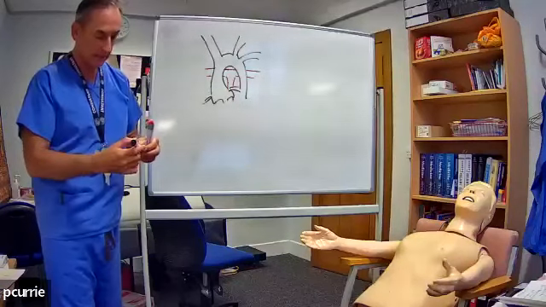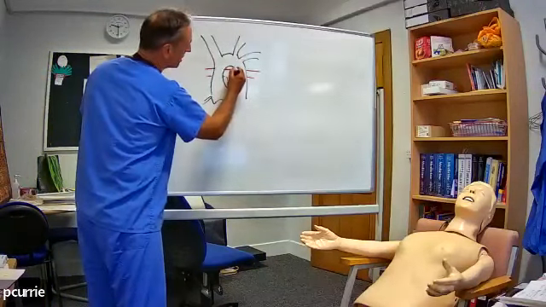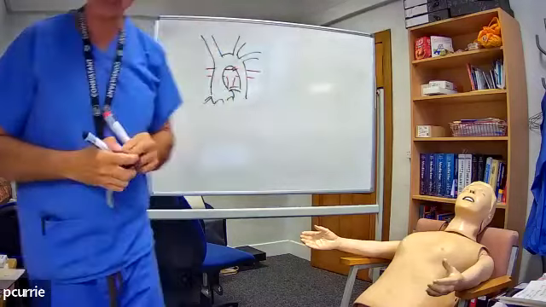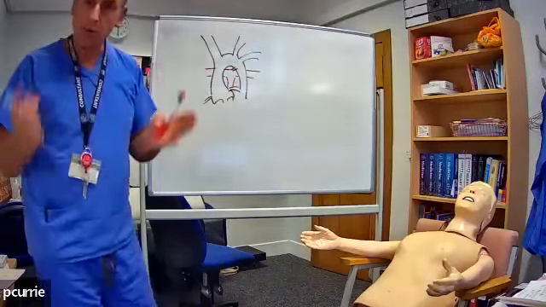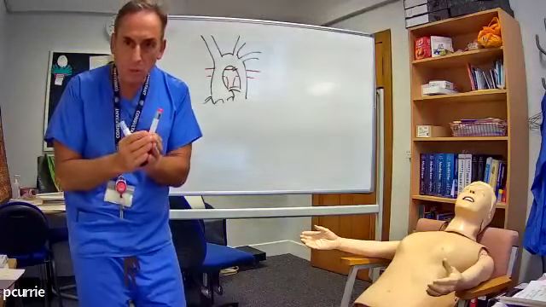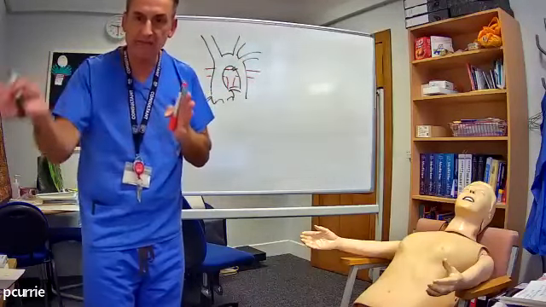Now, the commonest place to find a coarctation is where the ductus arteriosus used to be. So you'll remember that in the womb, we don't want fetal blood to go to the lungs. So there are a number of ways of diverting that.